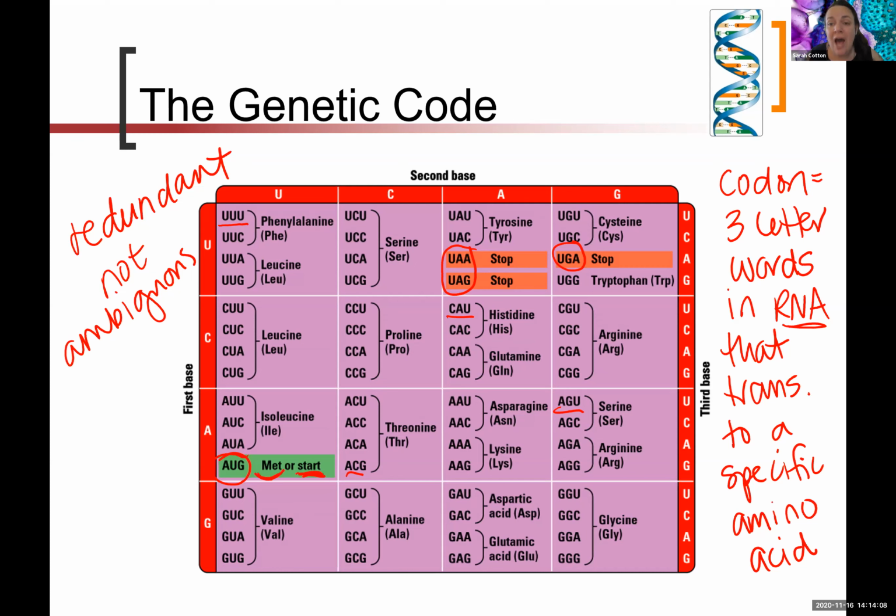Since they don't ultimately lead us to an amino acid, the whole process stops. This will make more sense when we get into the actual process. So for now, just know they make it stop. We'll talk about exactly why in just a second.